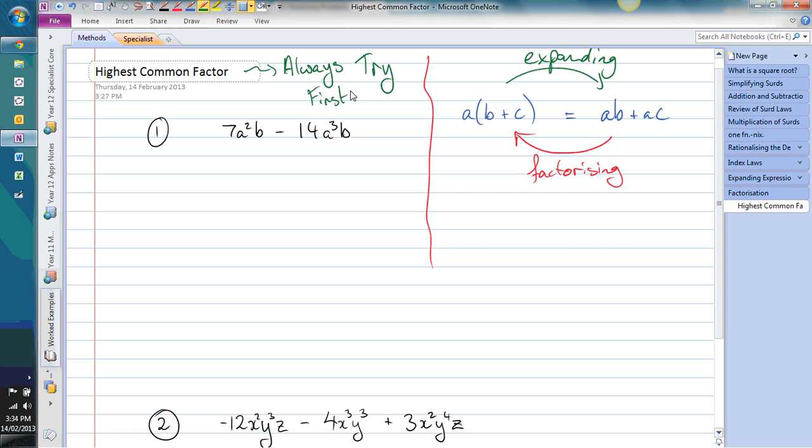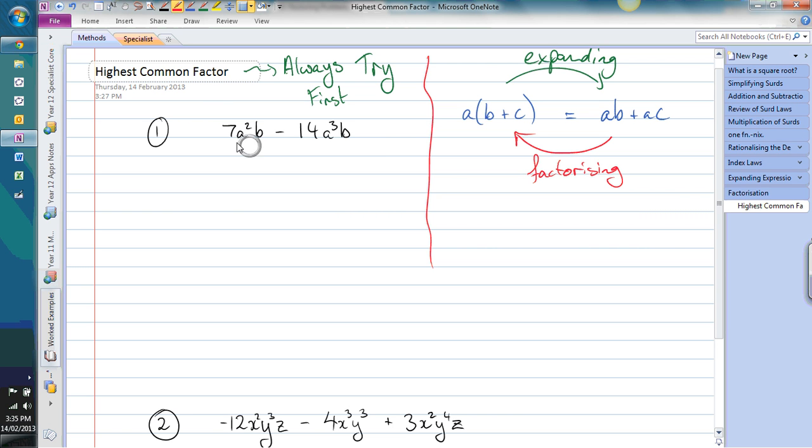And the highest common factor, as the name suggests, means that we're looking for the biggest, the most that we can, that is a common factor of all the terms. So common meaning each of them has it, and factor meaning something that we can divide by.